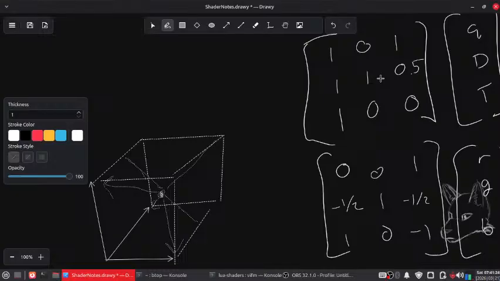But why? Because the axis is different. Like, it's crazy different.